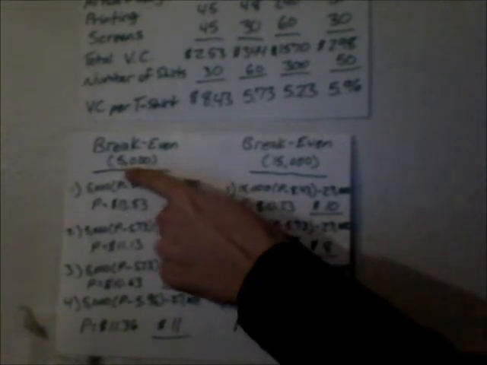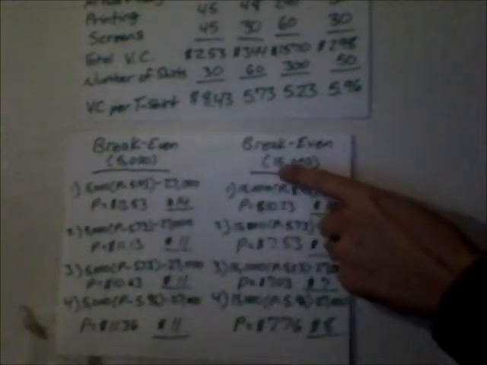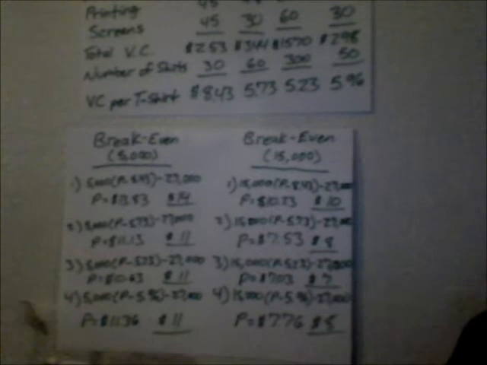Now the sheet on the bottom here explains the break-even analysis for quantity of 5,000 shirts sold and 15,000 shirts sold, since we weren't given a specific order amount to apply in order to get the bid price per shirt.